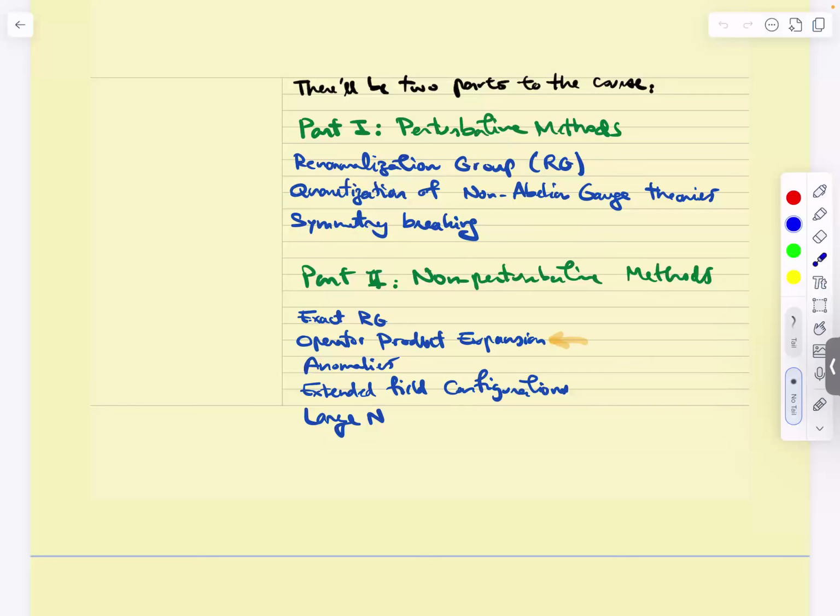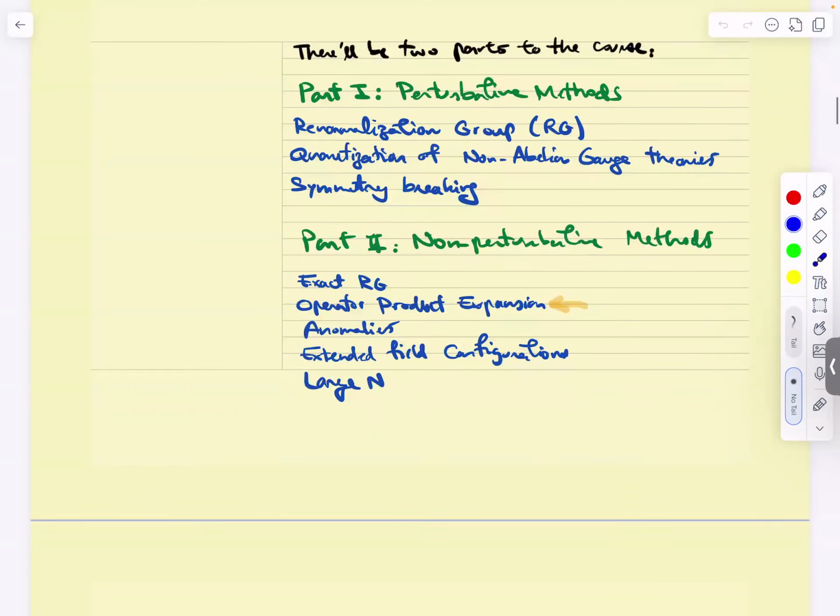In the past we've had 3 or 4 lectures. Last year, we had 3 or 4 lectures on the standard model. Depending on how the course goes and where your interest lies, we could drop those lectures and focus more on non-perturbative methods. So we could adjust the course as we go.